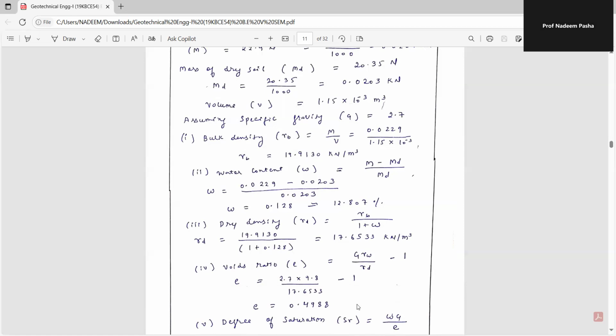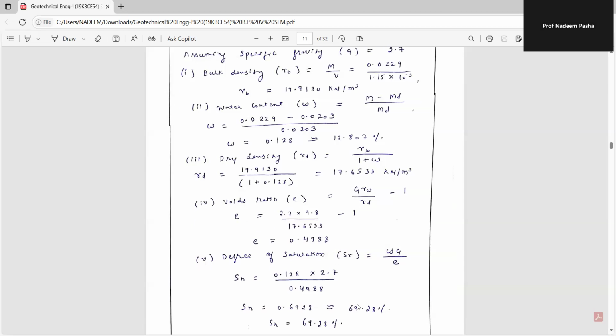Degree of saturation SR is equal to WG by E, or SR is equal to W, 0.128, into G, which is 2.7, divided by E, which is 0.4988. So your SR comes out to be 0.6928, equal to 69.28%.